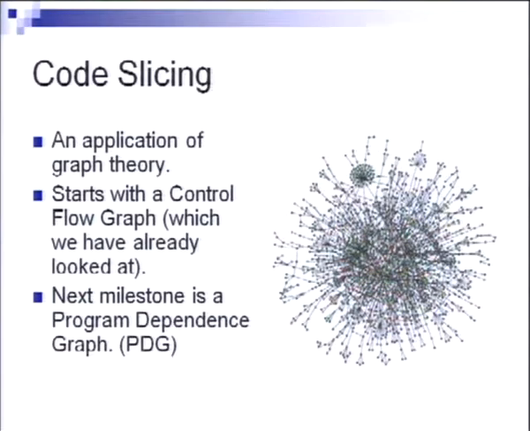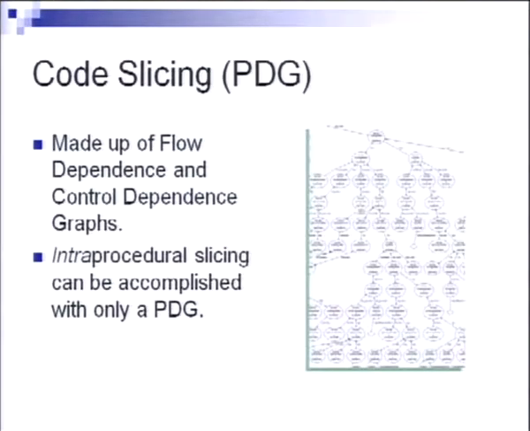Code slicing is an application of graph theory, and we all know that CS people love graphs and that there's nothing they can do to get away from them. It starts with a control flow graph, which we just looked at for signature analysis. The next milestone is a program dependence graph. Code slicing for the PDG is made up of flow dependence and control dependence graphs.